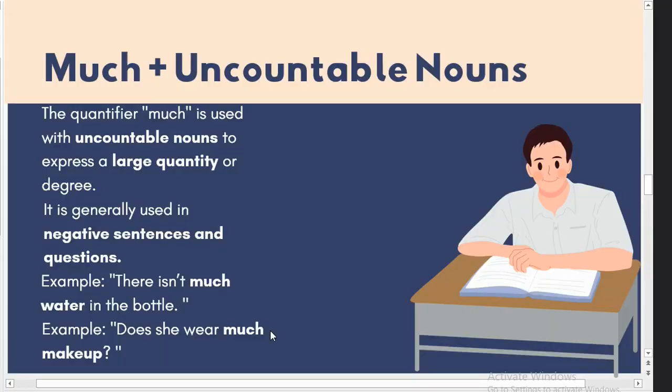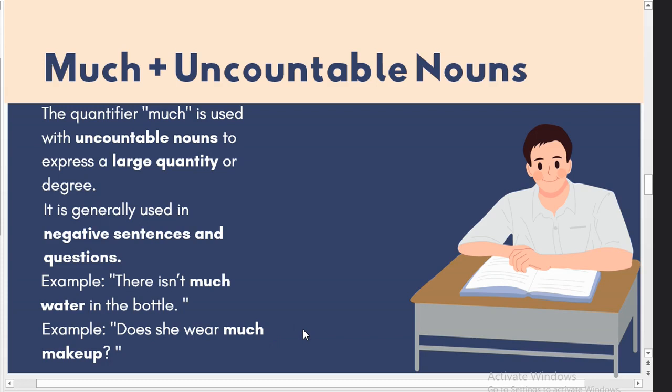Much. Much plus uncountable noun. The quantifier much is used with uncountable nouns to express a larger quantity or degree. It is generally used in negative sentences and questions. Example, there is not much water in the bottle.